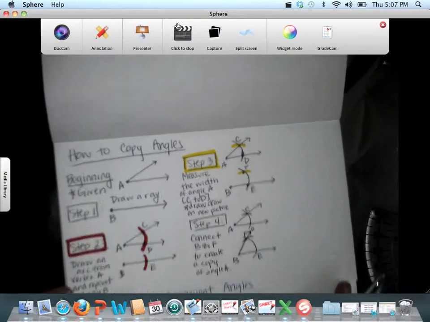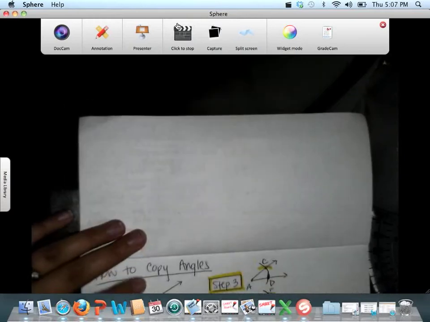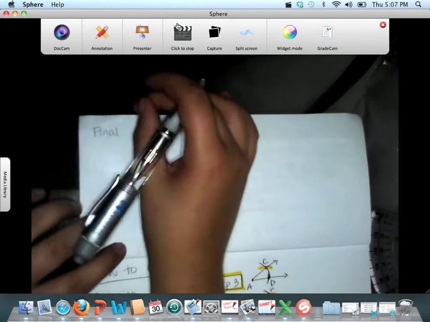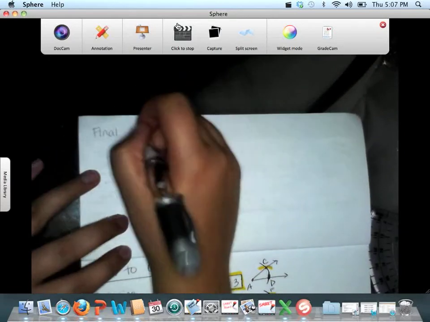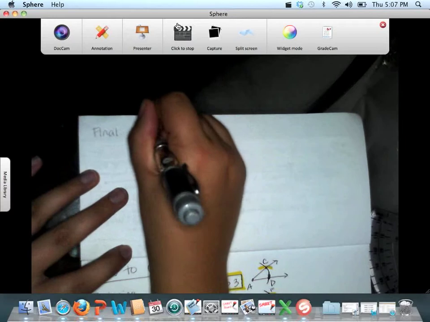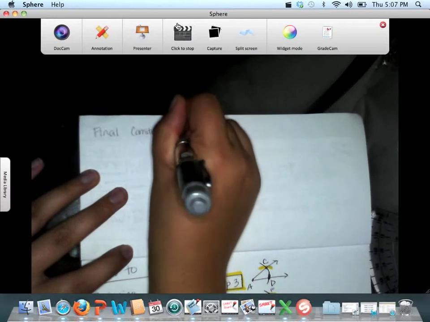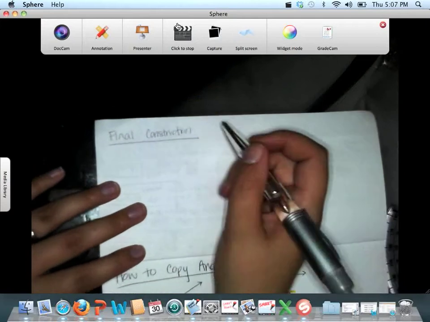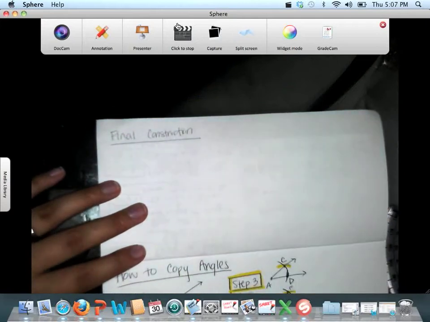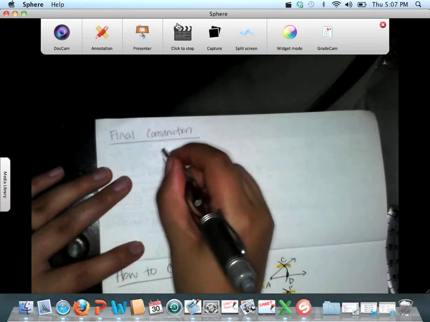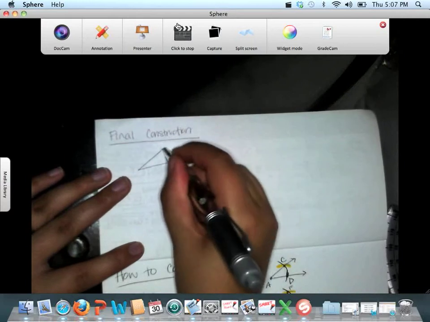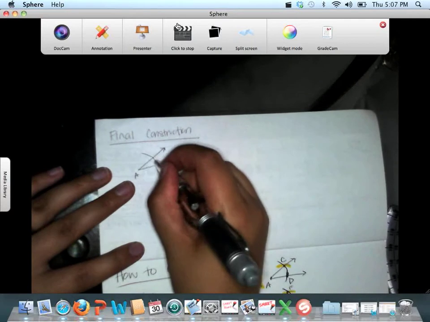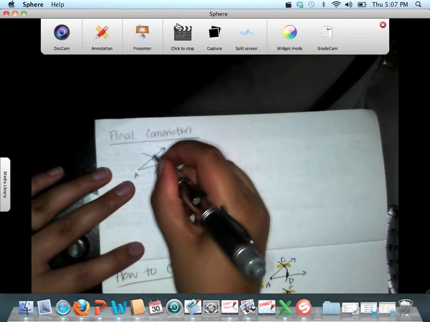Now let's talk about the final construction, what your picture should look like when you're all done. You'll have your original angle, we name this A, with the arc and the intersecting arc.